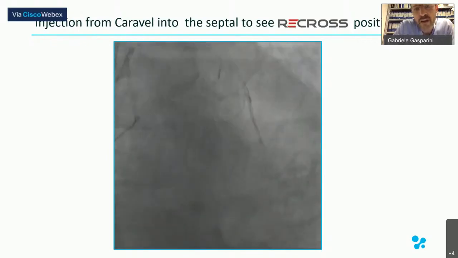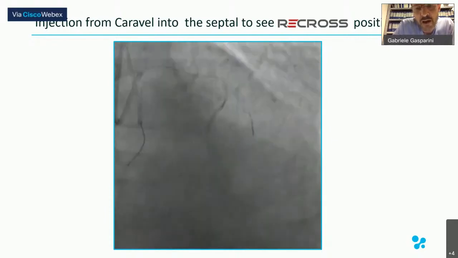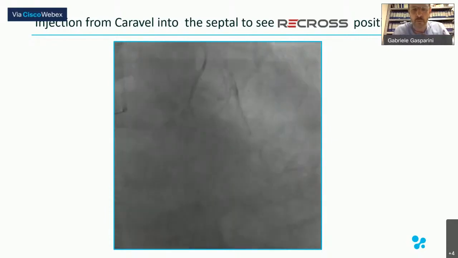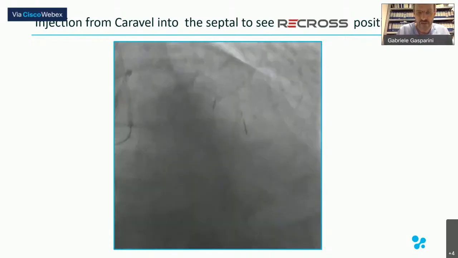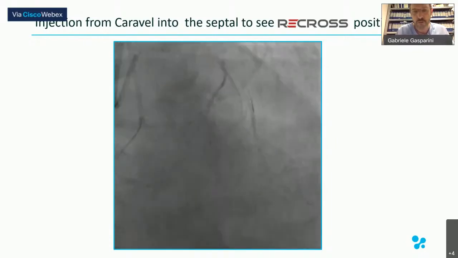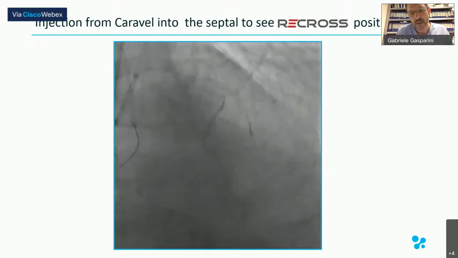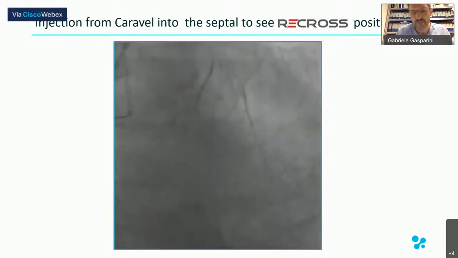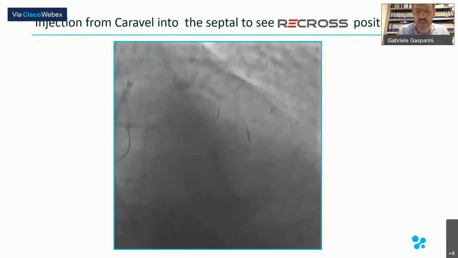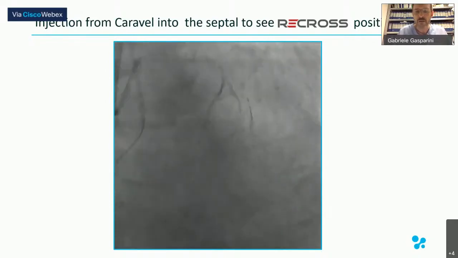You were very good in this case not to enlarge the hematoma by guide wire manipulation or by contrast injection. For this reason, it was a very useful solution to inject from the ipsilateral septal channel. And then, the space between the Recross and the true lumen is very close. You can try to re-enter with a stiff wire using the lateral exit port of the Recross.